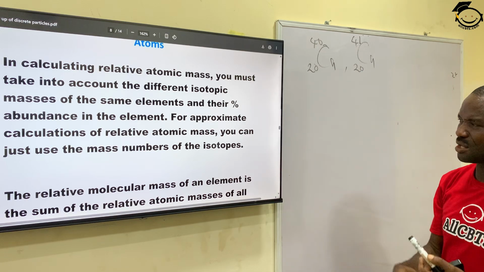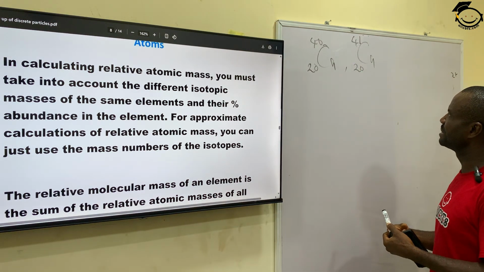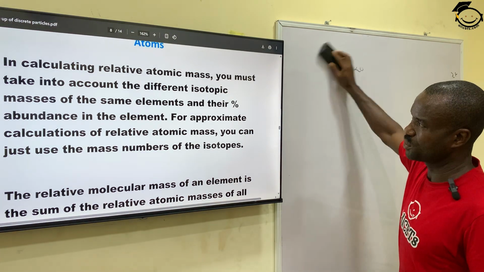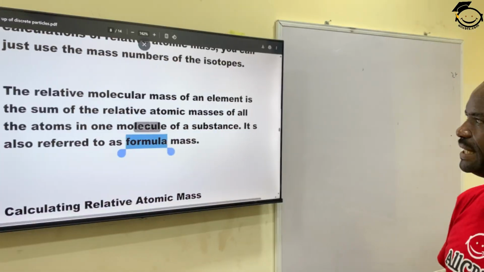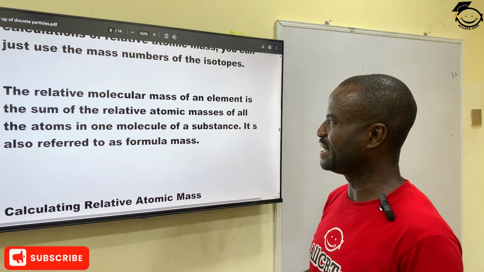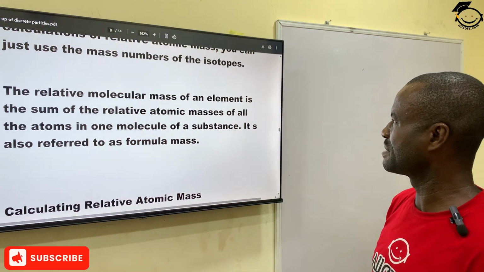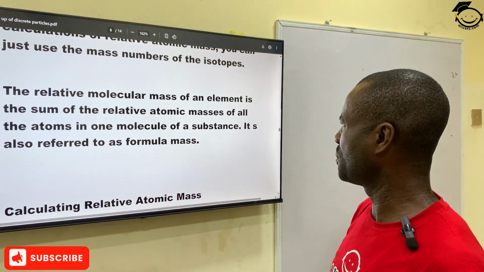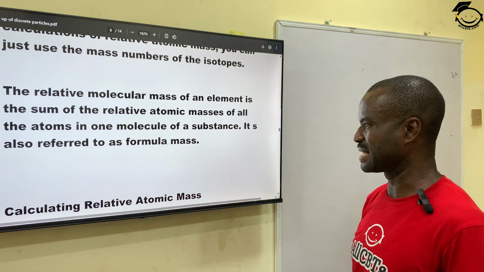When you take the sum of this average, you get the relative atomic mass. The relative molecular mass of a substance is the sum of the relative atomic masses of all the atoms in one molecule of the substance. It is referred to as the formula mass.